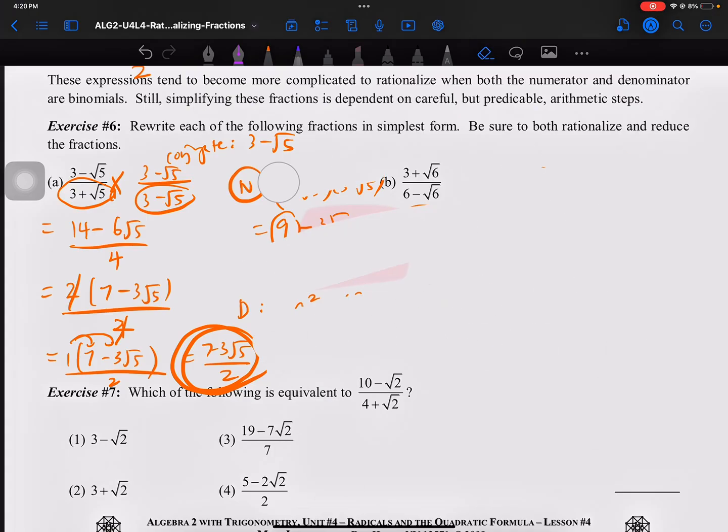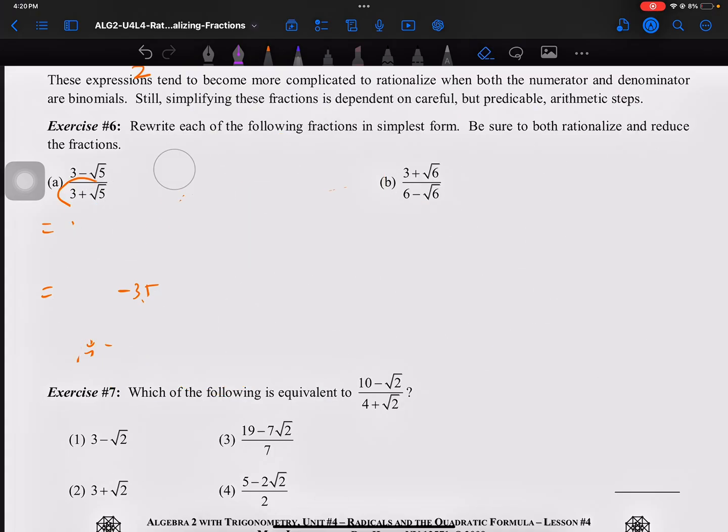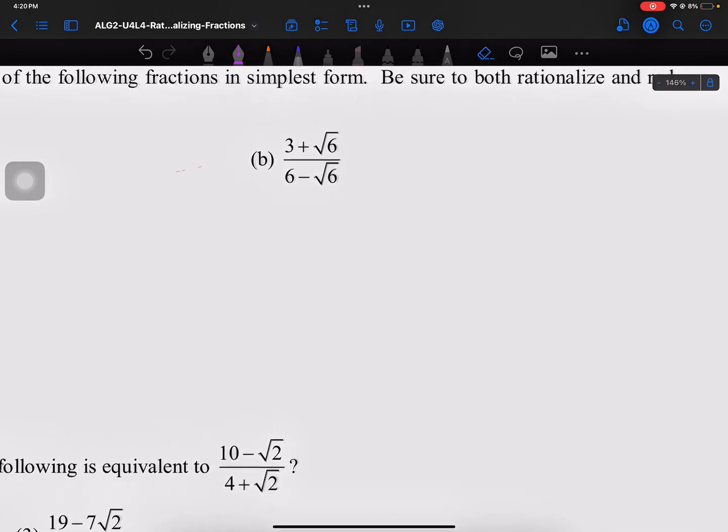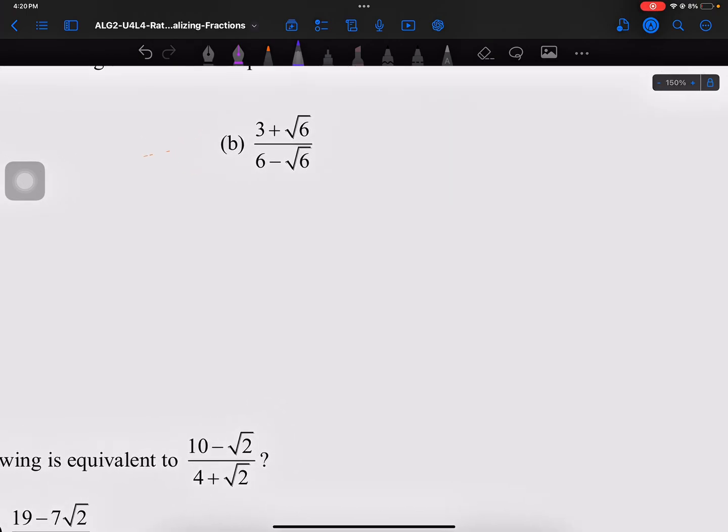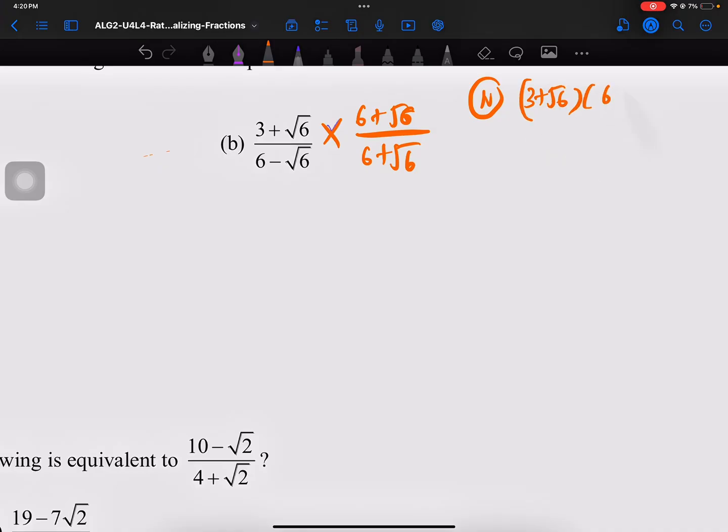For B, again, we need to rationalize it by multiplying by the conjugate. So 6 plus √5, the conjugate of the denominator. On top, the numerator will be 3 plus √6, multiplied by 6 plus √6. We multiply one by one using FOIL, binomial expansion.